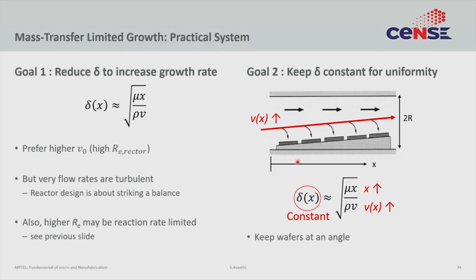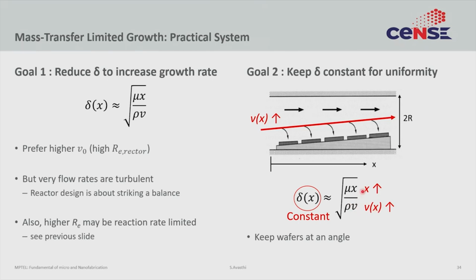The easiest way that is achieved is by loading the wafers at an angle. What you achieve by doing that is that you change the velocity of the gas as it goes from left to right. So the effective cross section of the reactor is higher here, and the effective cross section of the reactor is lower here. Since mass cannot be created or destroyed, the effective velocity must be lower here, and as you go from left to right, the velocity must increase.